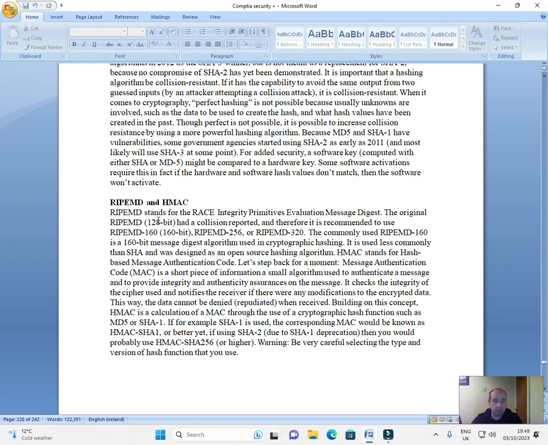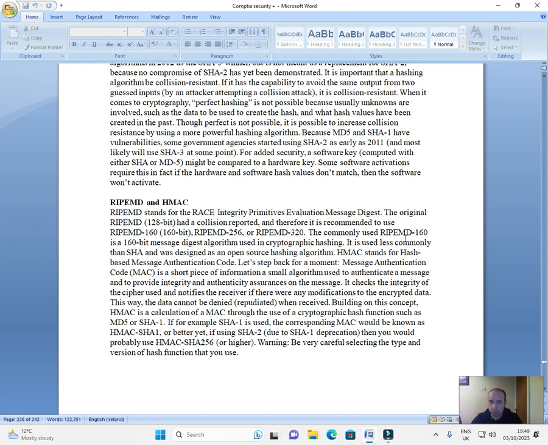RIPEMD and HMAC. RIPEMD stands for RACE Integrity Primitives Evaluation Message Digest. The original RIPEMD 128-bit had a collision reported, and therefore it is recommended to use RIPEMD 160-bit, RIPEMD 256 or RIPEMD 320.